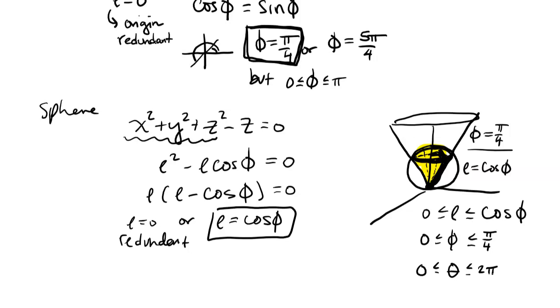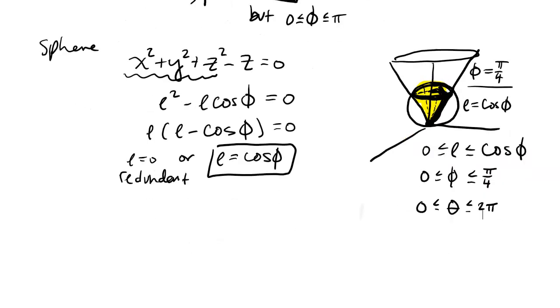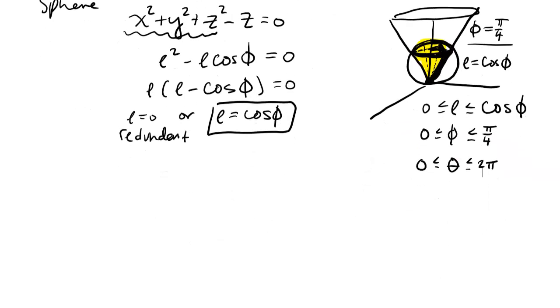So now we're ready to set up our integral. When we set up our integral, we're going to have that the volume is a triple integral. If we do rho on the inside, then rho goes from 0 to cosine phi. Then phi goes from 0 to pi over 4. And then theta takes that and swings it from 0 to 2 pi.